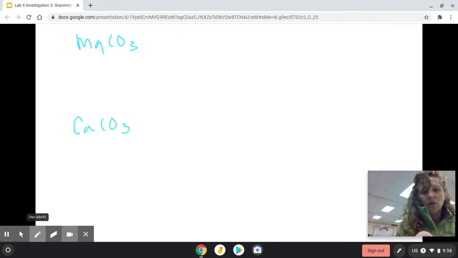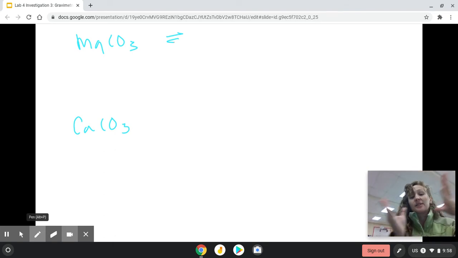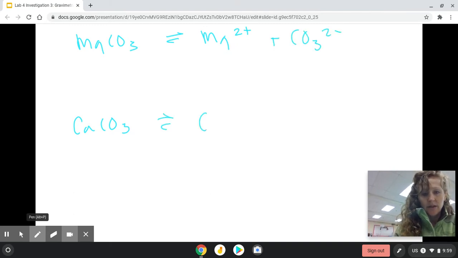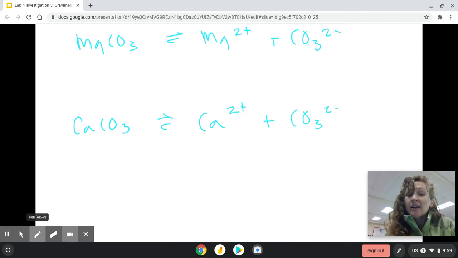What we're dealing with in gravimetric analysis is salts that dissolve in water, so salts that fall apart into their ions in water. This happens to both of these things. But these are not soluble salts. These are slightly soluble salts.